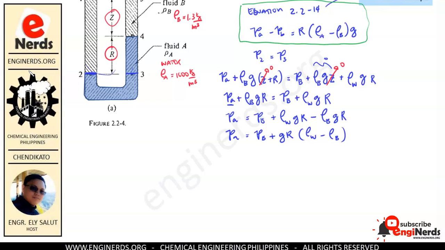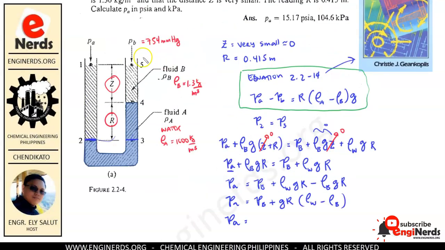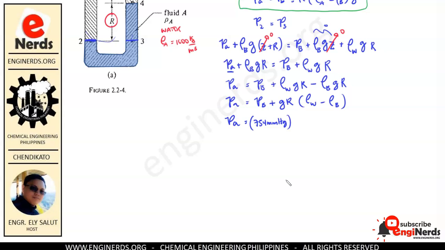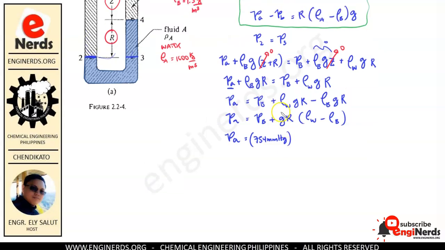We are going now to substitute the values. So we have pressure A is equal to, what is the value of our PB? 754 millimeter mercury. However, the answer we will get here will be expressed in kilopascal, because our density is in kilogram per cubic meter and our height is expressed in meters.